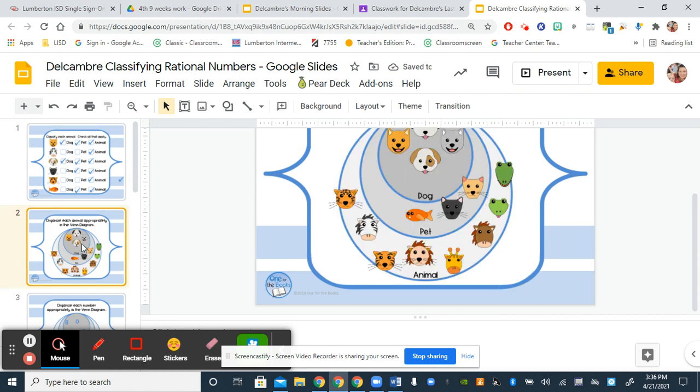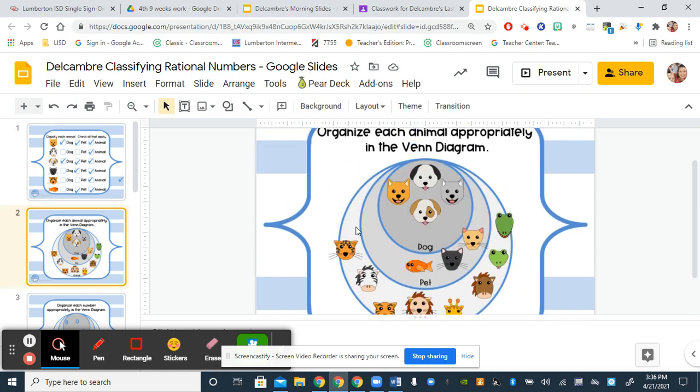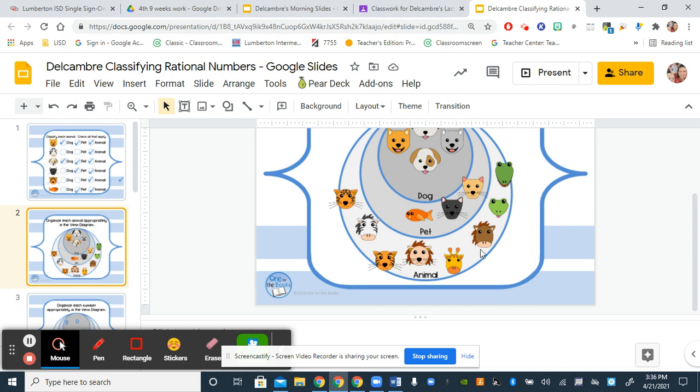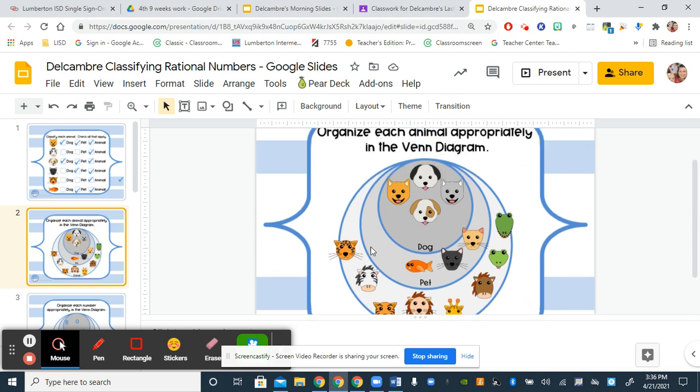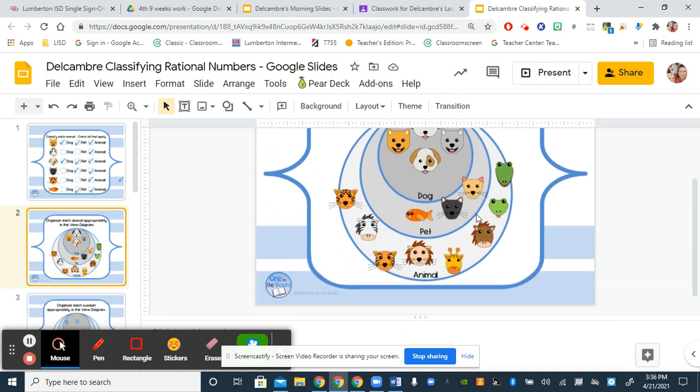And looking at those, we also can put it into a Venn diagram. Okay, so we have our dogs, our pets, and our animals. And you can see that in this animal group, all of these would be considered an animal.